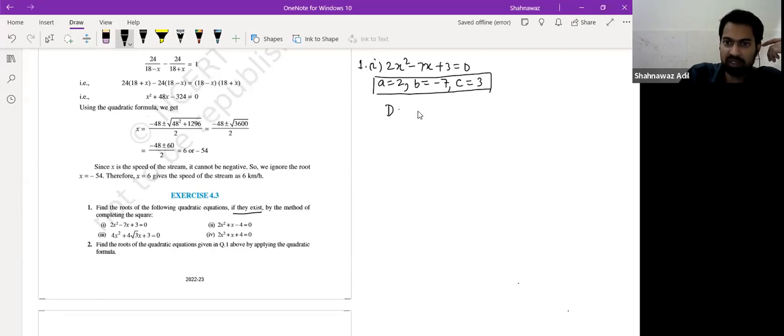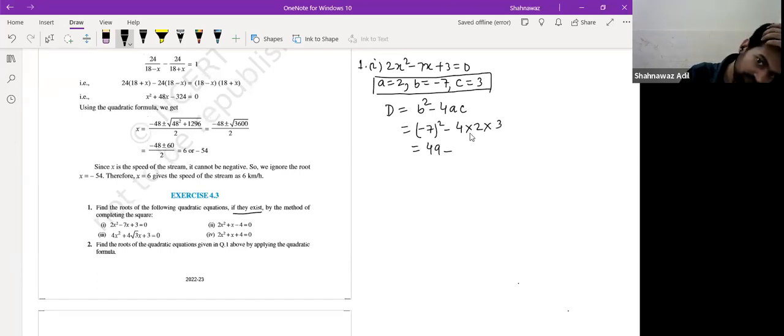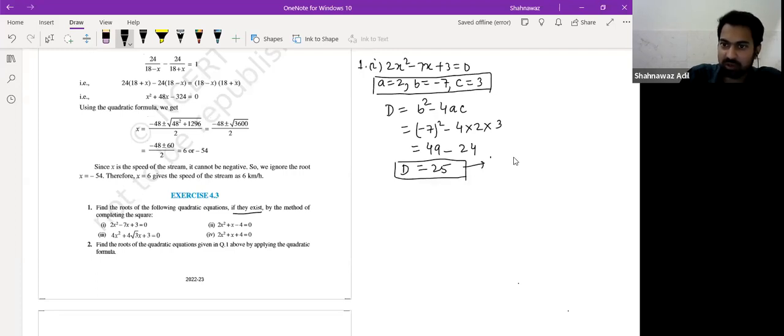So discriminant is b squared minus 4ac. So b squared is minus 7 squared, and minus 4, a is 2, c is 3. So this is 49 minus 24, so this is 25. Now you see this is positive. If this is positive, then we have solutions.